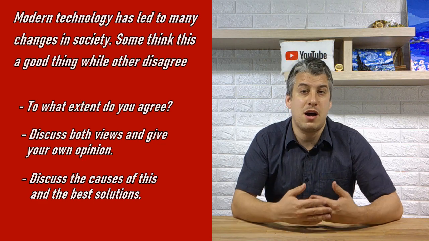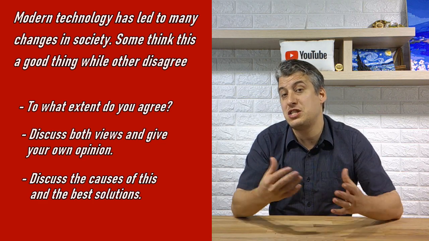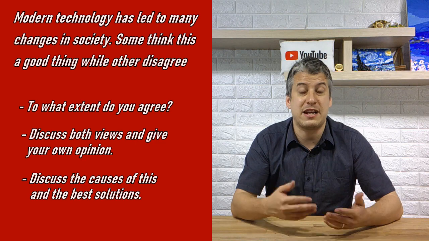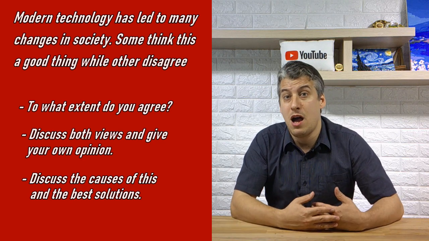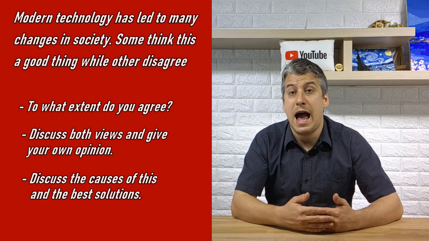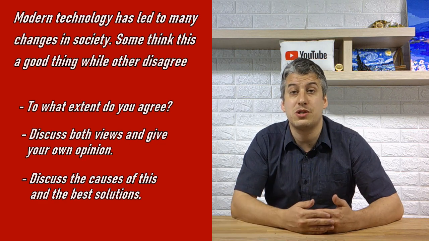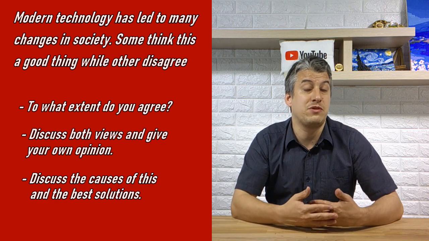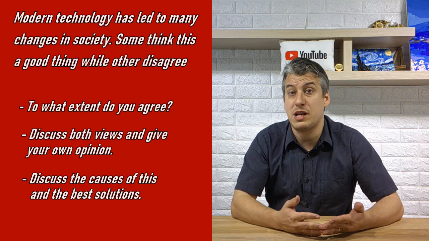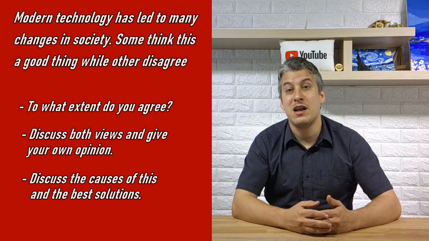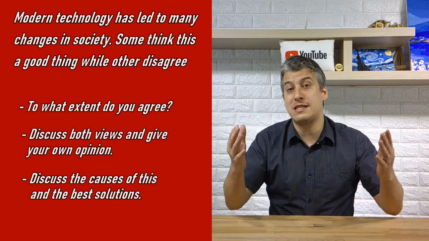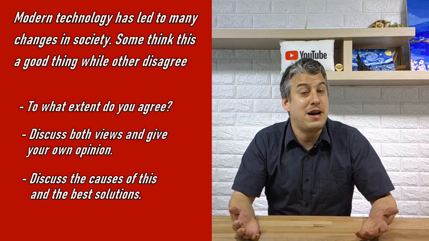But there are other examples, advantages, disadvantages, effect, solution. Sometimes you're just asked something like, to what extent do you agree, and can you think of some solutions? In this case, you would give your opinion to answer one question and then talk about solutions to answer the second question. So those are 3 structures that you need to learn, and that's quite simple.